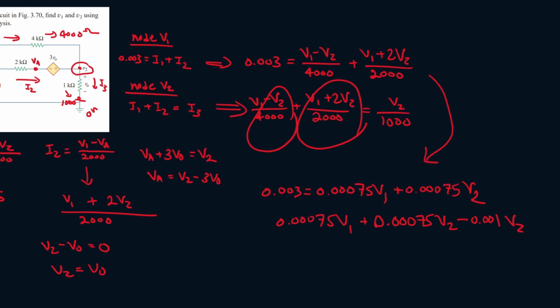Now 0.00075 minus 0.001 gives me, let me just quickly double check everything.